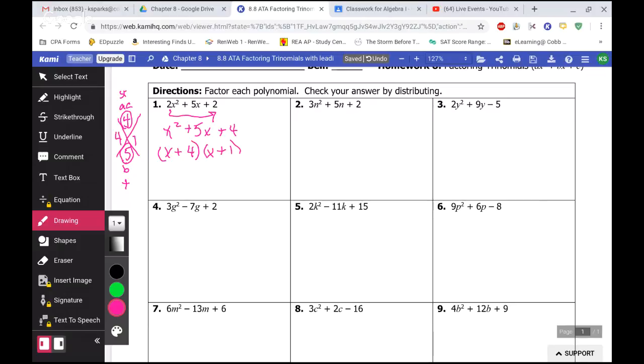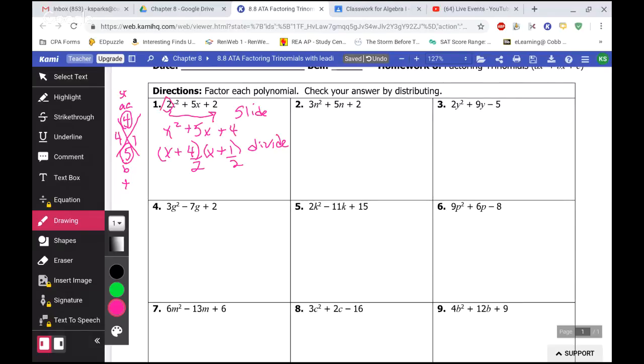x plus 4, x plus 1. So there's the 2 factors that multiply to give you 4, because 4 times 1 is 4, and 4 plus 1 is 5. And now, so we slide here, and now we're going to divide here. Because we slid and we multiplied the 2, now we're going to divide by the 2.